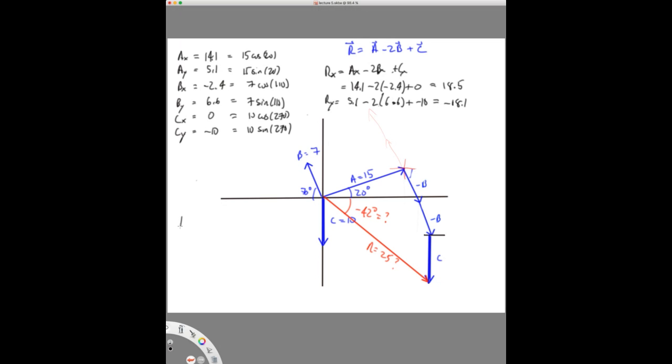Let's move down here since we have room. It's going to be the square root of 18.5 squared plus a negative 18.1 squared. Now remember, if I square the negative 18.1, I have to square the minus sign as well. Let me see. 5.1 minus 2 times 6.6, minus 10.